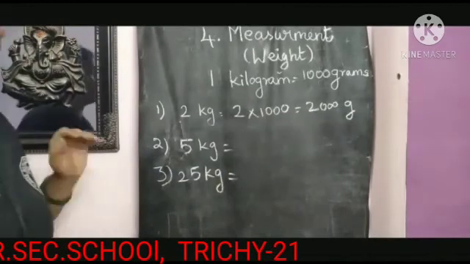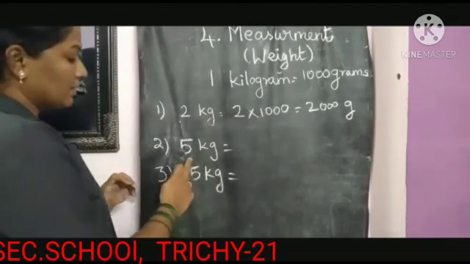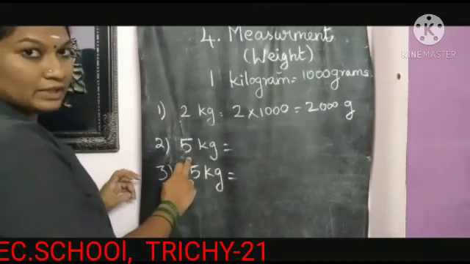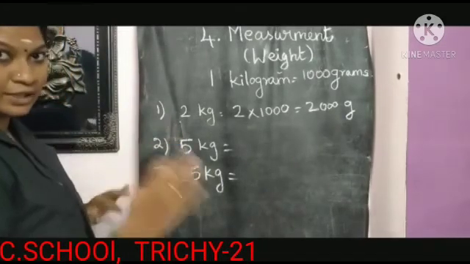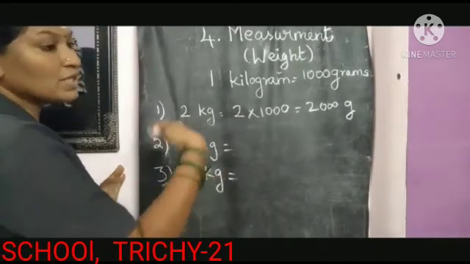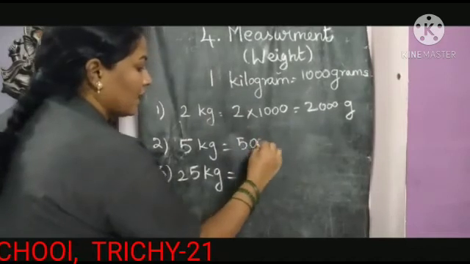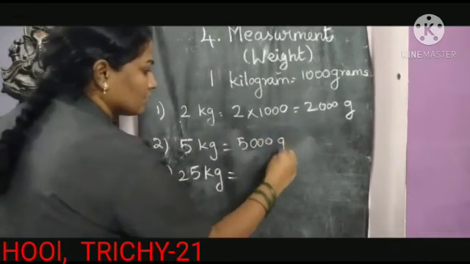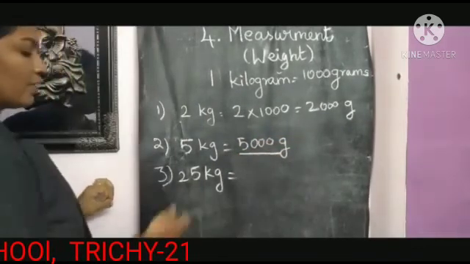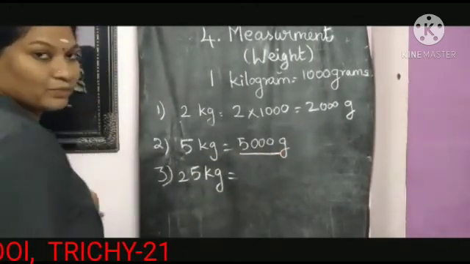Or simply we write 3 zeros near the number. Clear? For example, 5 kg. You want to change into grams, so write 5 and 3 zeros. Very simple. So now we get 5 kilogram equal to 5000 gram.